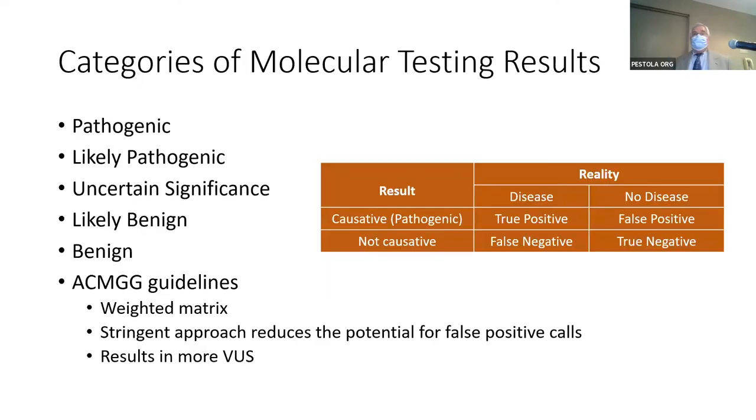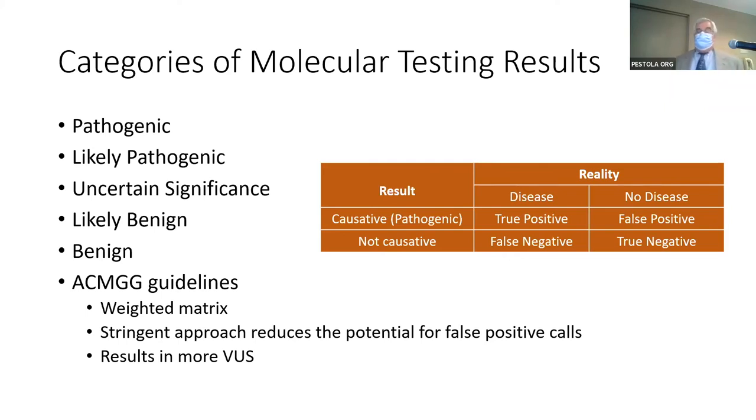So you can get pathogenic. Yeah, that's disease causing. Likely pathogenic, just as it sounds. Probably causing disease. Uncertain, likely benign, or benign. And these come as the terms from the ACMG guidelines, the 2015 guidelines, which are conservative guidelines. It's a weighted matrix to have the lab use all the information available to be able to give you a 1-word or 2-word response to, does this mean anything?